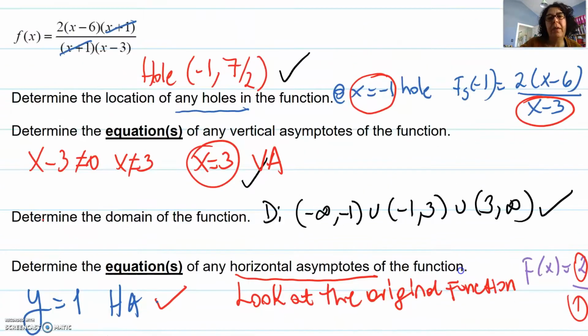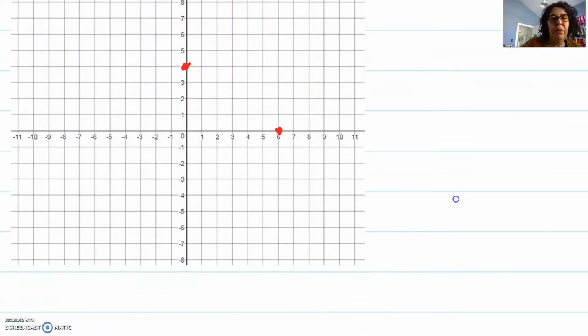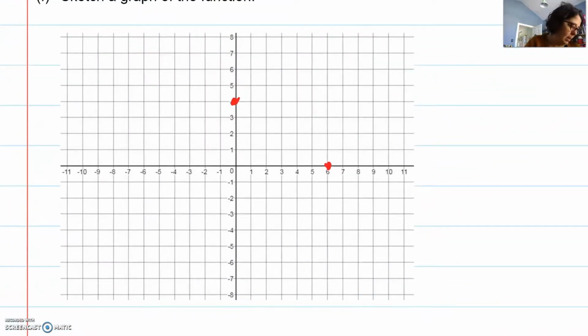The hole is at negative 1, 7 over 2. That's negative 1, and 7 over 2 is 3.5. So it should be somewhere here. You have a hole there.